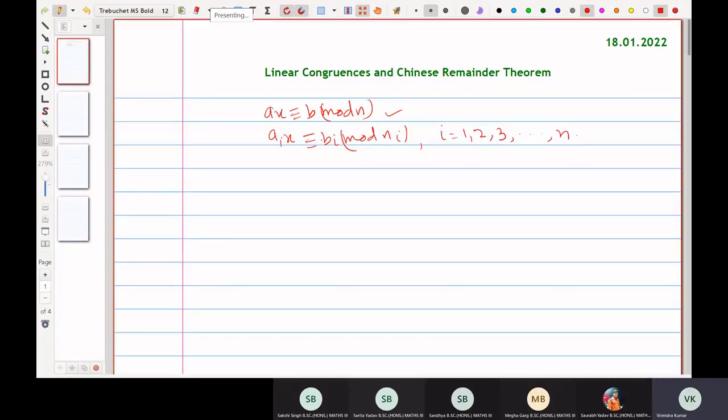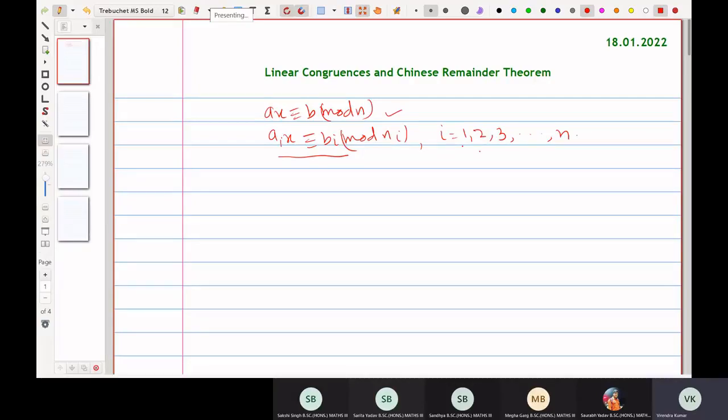By a solution of this system, we shall mean a common solution to all these n equations. That is, the same x should satisfy for i equals 1, for i equals 2, for i equals 3, and so on. So that common solution we wanted here.